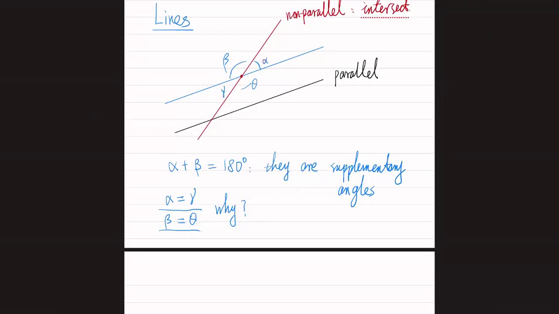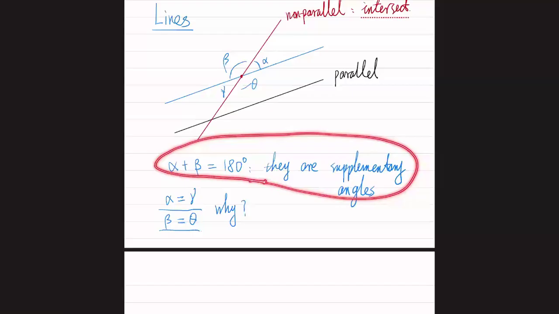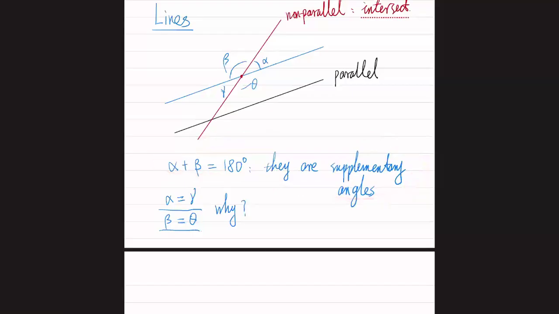Could we use this fact? So they equal each other because it's called a vertical angle, because they're both supplementary, and then when you cross them... Okay, I get the idea.